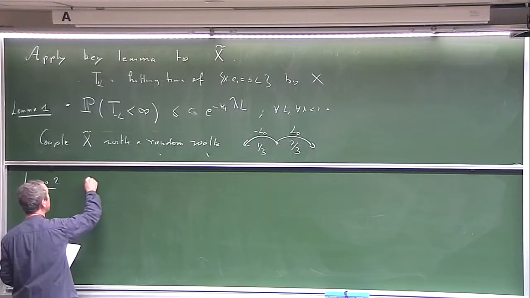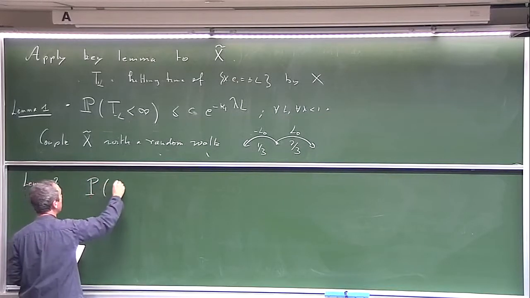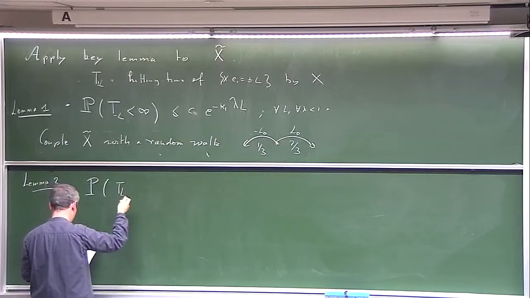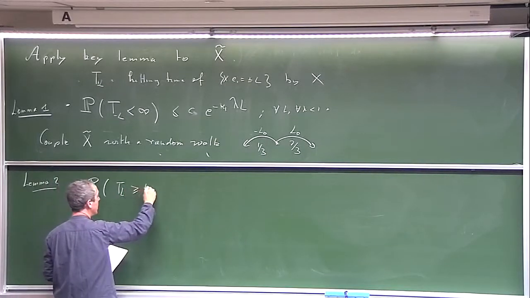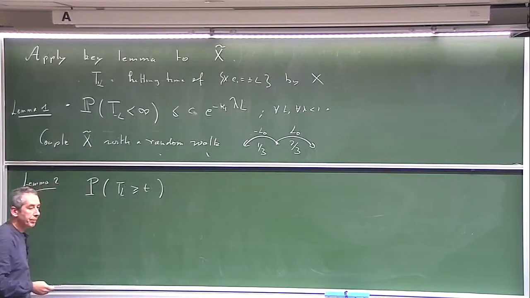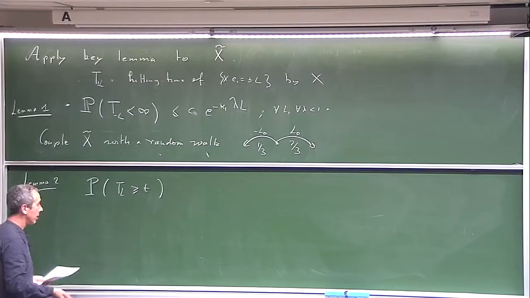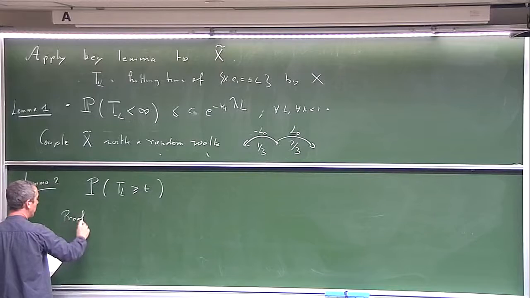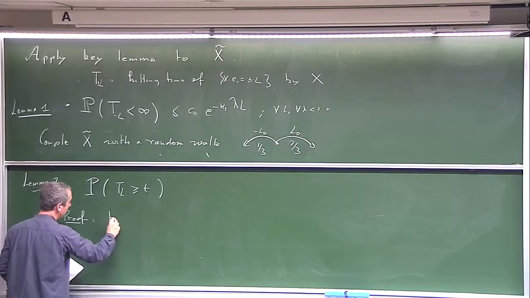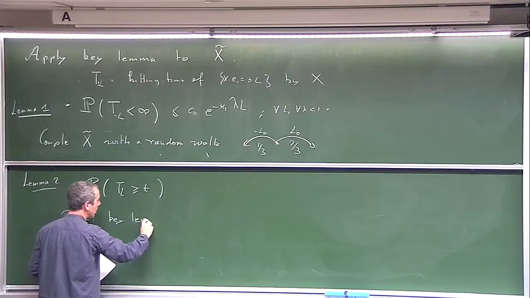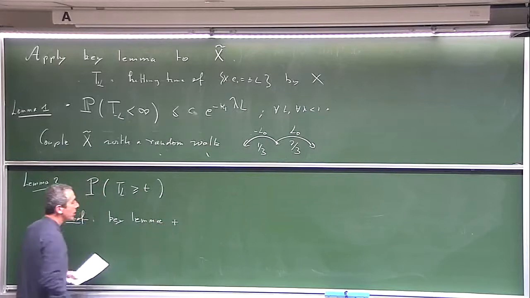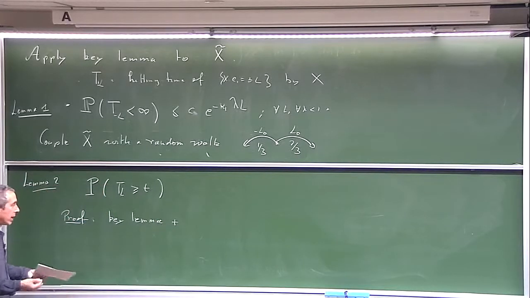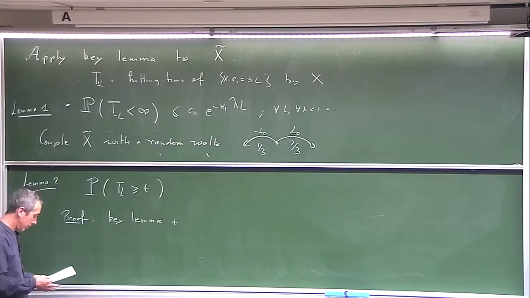So we need some estimate on the probability that TL is larger than the time t. And that will follow from, in the proof, the ingredients are this key lemma, plus a little bit of control on the time it takes to exit a box.